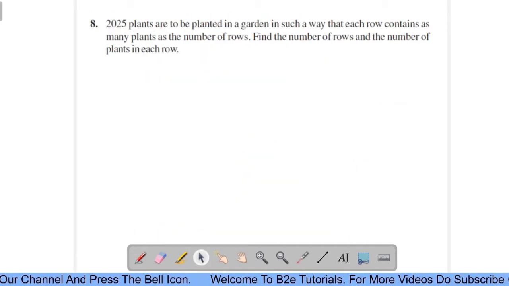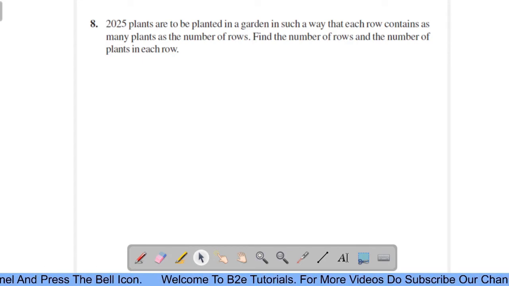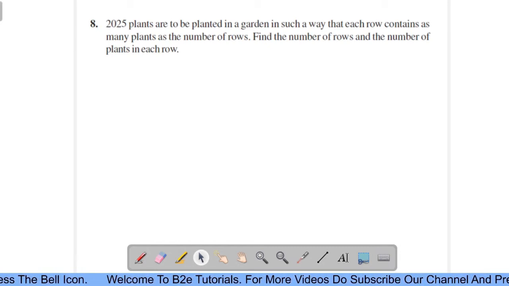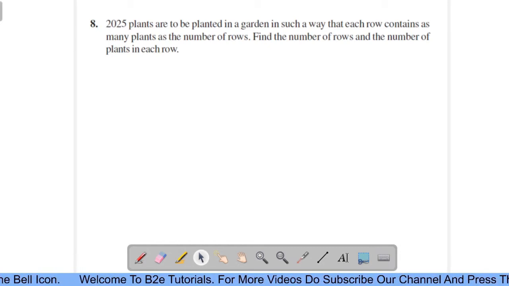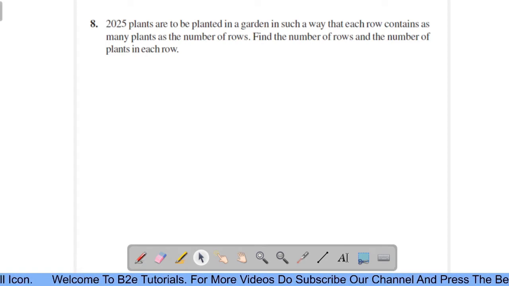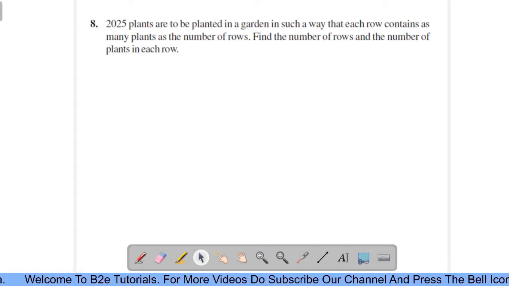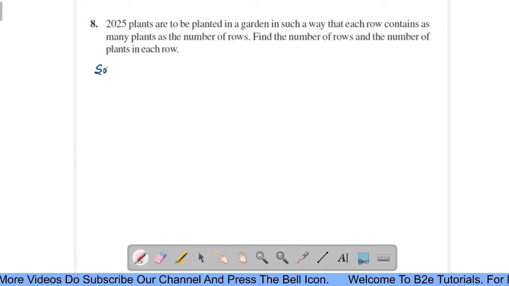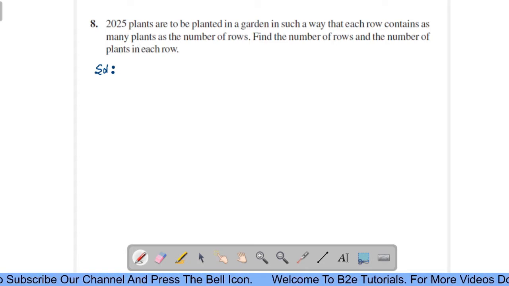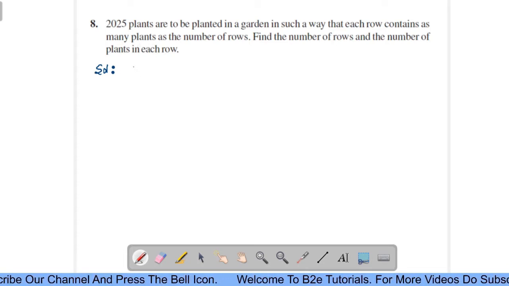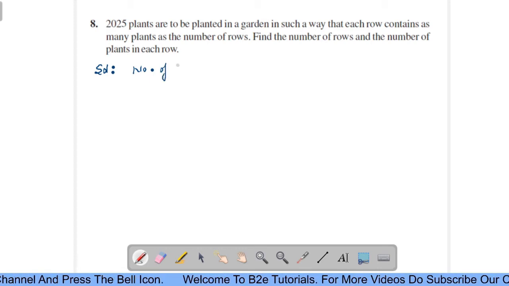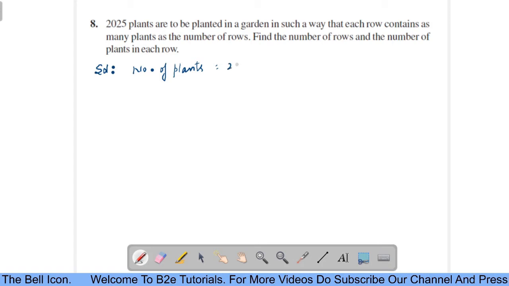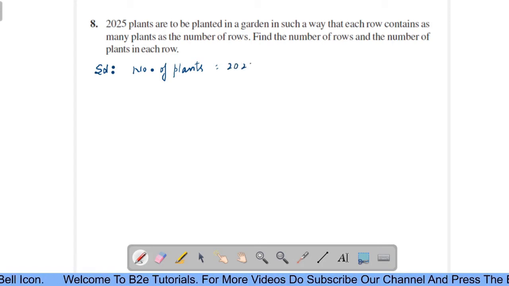Now come to question number 8. 2025 plants are to be planted in a garden in such a way that each row contains as many plants as the number of rows. Find the number of rows and the number of plants in each row. Here is the solution. Here the number of plants is 2025.